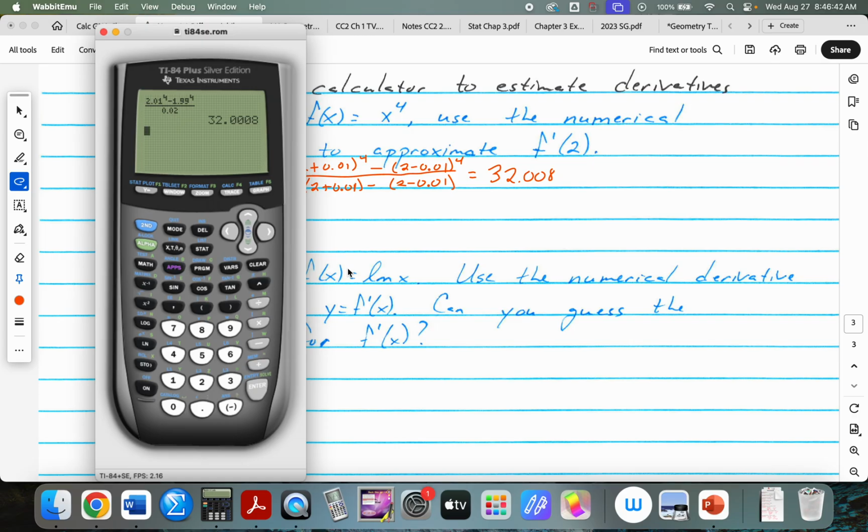The appropriate viewing window is one of the things that sometimes students struggle with. You graph it and there's nothing on the screen, and you have to spend time finding an appropriate window for it. It's one of the things I actually like about the NumWorks calculator. It picks a good window for you. It always picks a window where it's going to show you the graph.